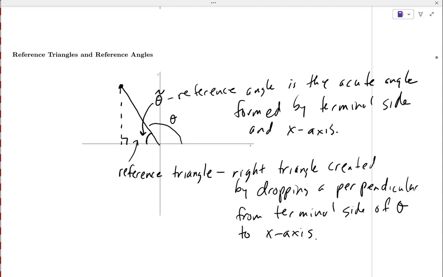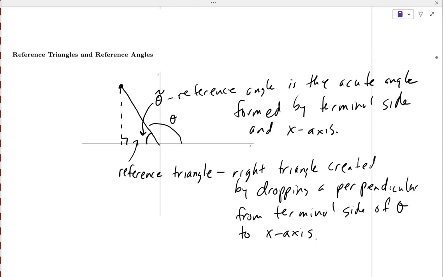Technically, what I wrote there is not 100% precise, and I'll talk about how it's imprecise here in a minute. But right now, you can kind of see the acute angle, right? So let's go with what we see, and I'll handle the special cases in a little bit. Okay. All right, so that's what we mean by a reference angle. It's an acute angle.